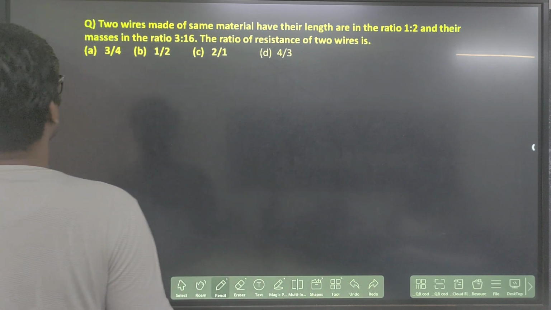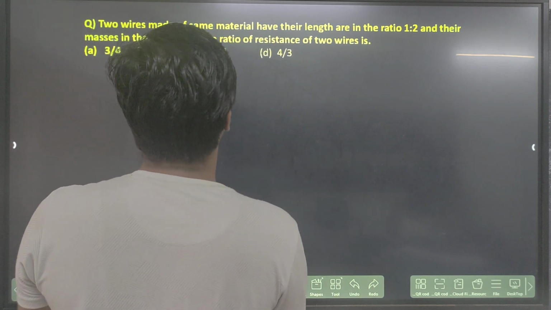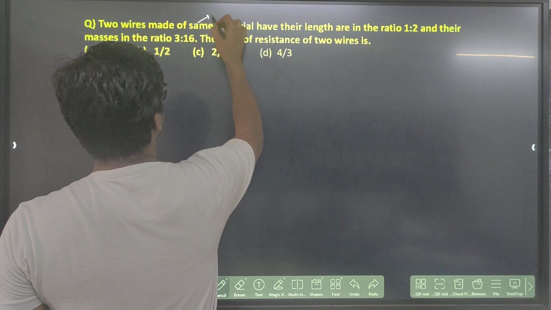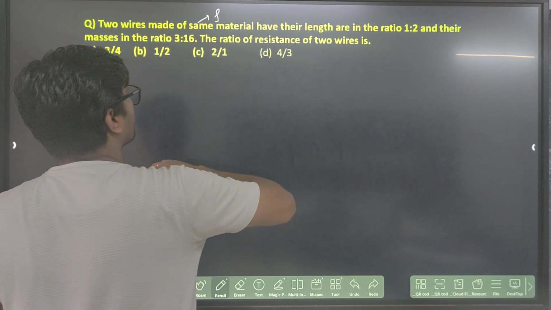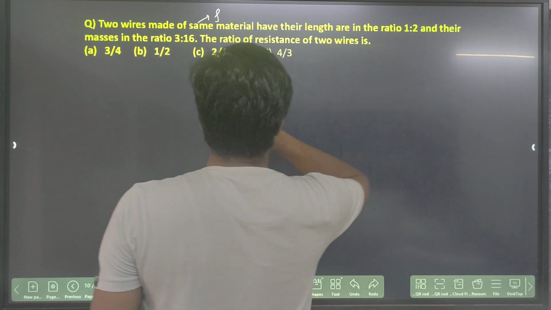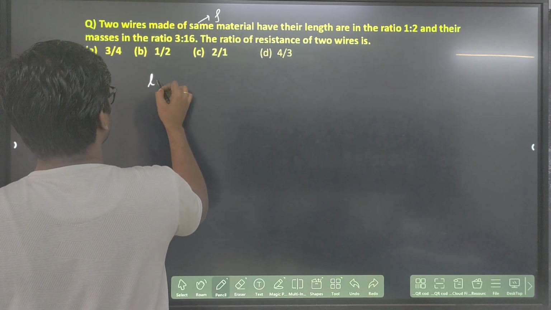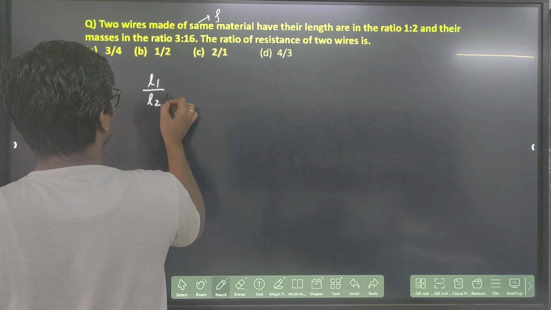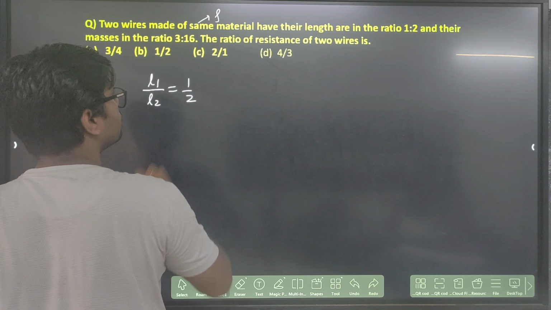Okay. Now next question. Two wires made up of the same material. Same material means what? Resistivity is the same. Their lengths are in the ratio of 1:2, so L1 divided by L2 is equal to 1/2.